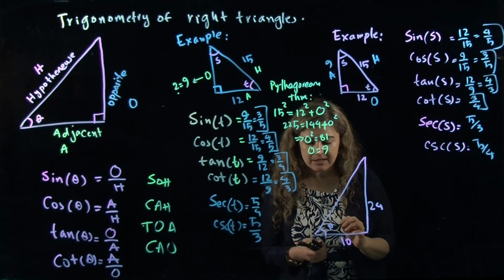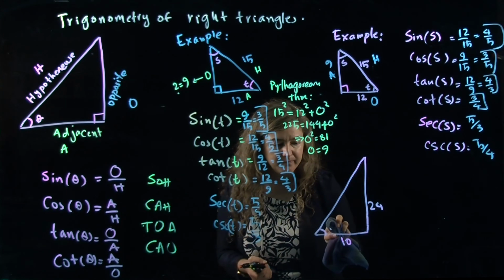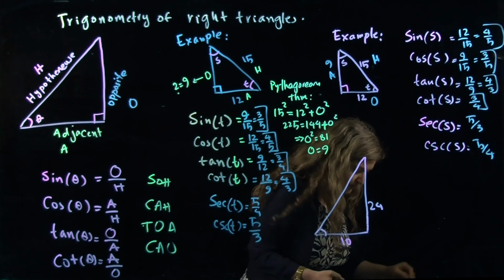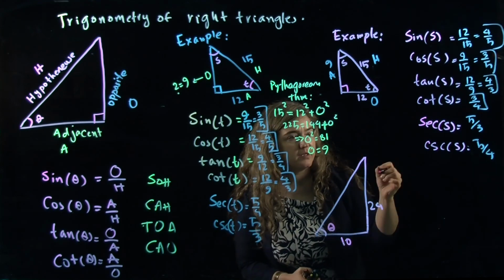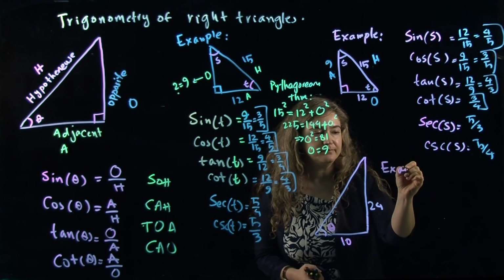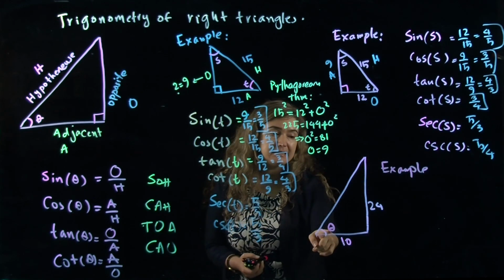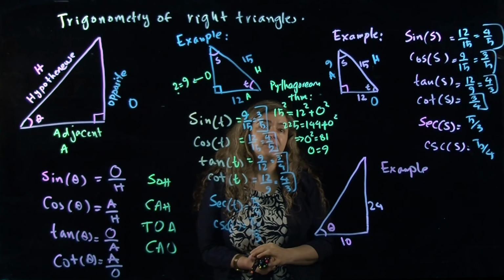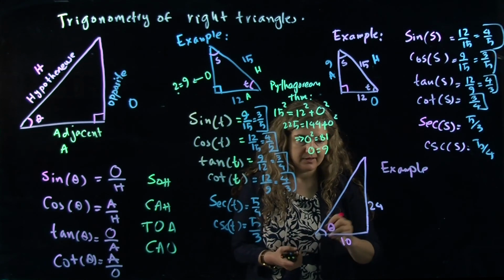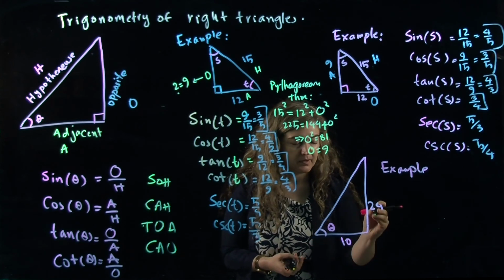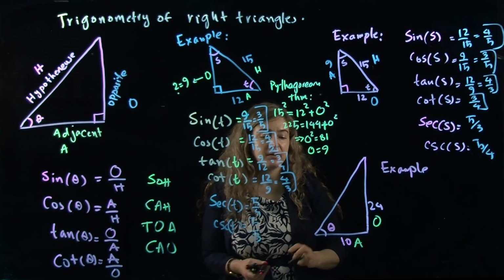The last question that I want to do is this one. Example: find the values for theta over here. In here again, opposite and adjacent are given. Use another Pythagorean theorem.